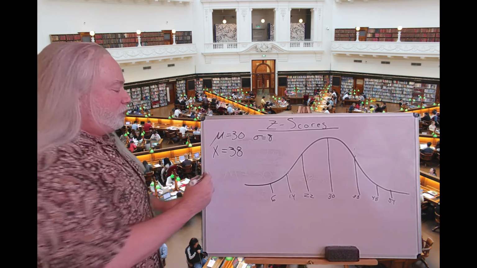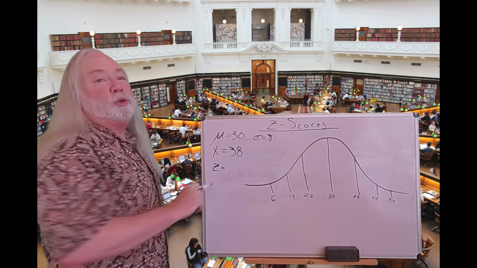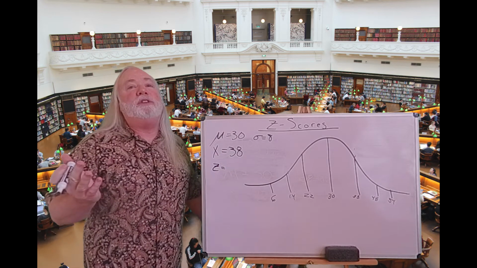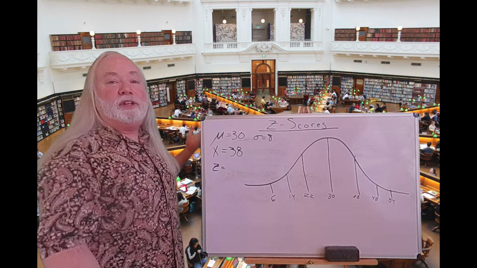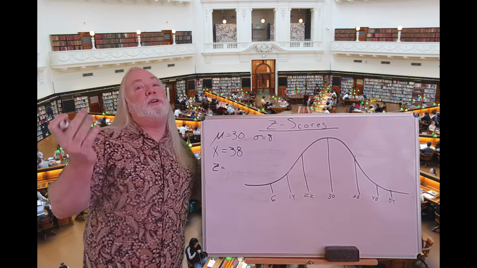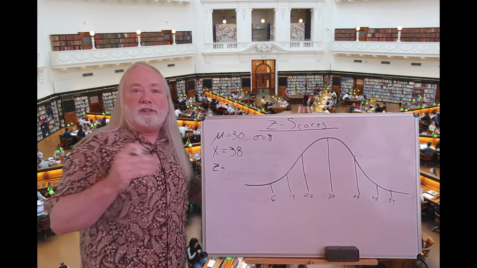So the question is, what is their z-score equivalent? This raw score of 38 is the same thing as a z-score of what? It's like saying a temperature Celsius of 50 degrees is the same as a temperature Fahrenheit of what? Again, we're just transforming, we're just converting scales.